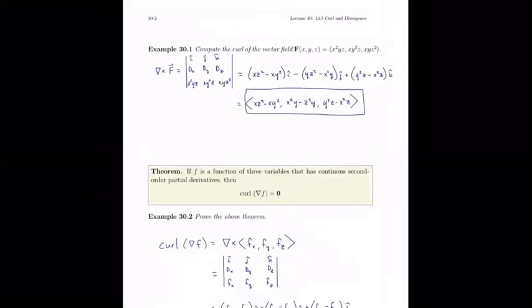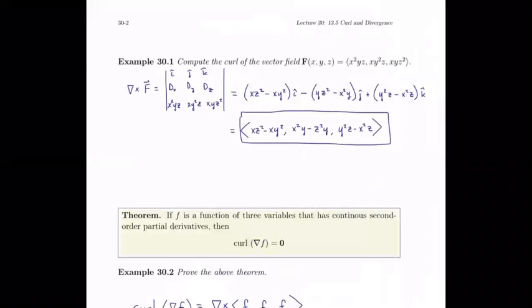It's a pretty straightforward calculation. It's essentially just going to be this 3x3 matrix determinant each time. So we're given a vector field F in terms of X, Y, and Z, and we're asked to find the curl of this vector field. We recall that the curl is equal to del cross F, and that's this matrix determinant.